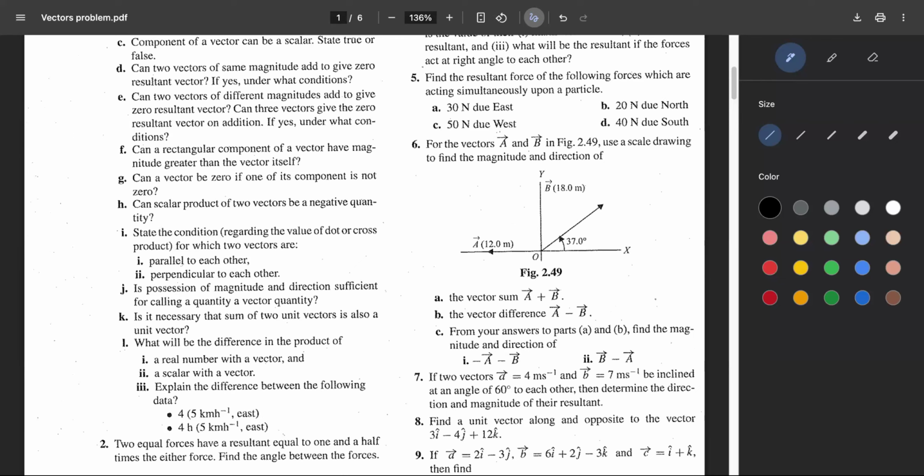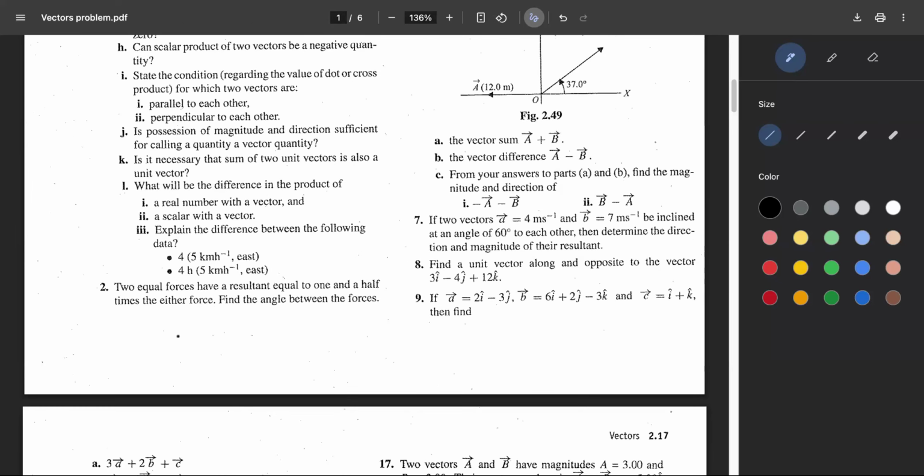So what are the ways to go about this? You can simply say that R square is the same formula which we applied earlier: A square plus B square plus 2AB cos theta. So what is R?